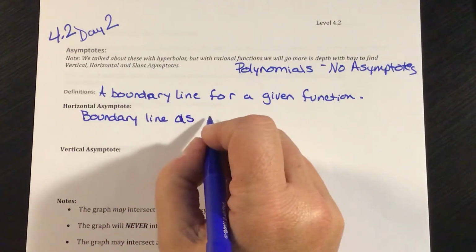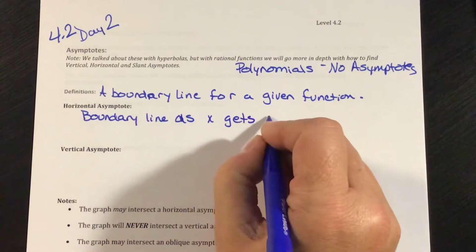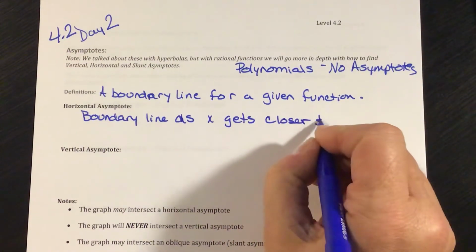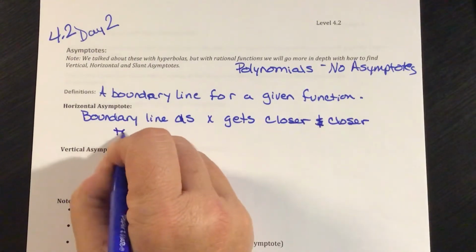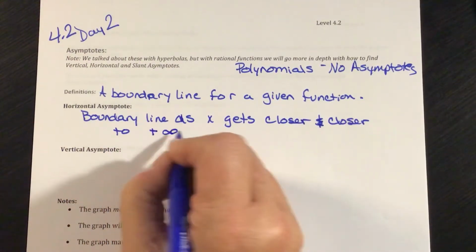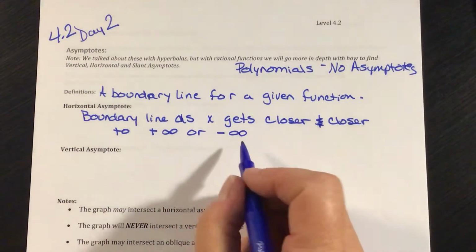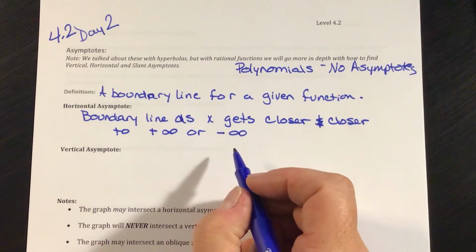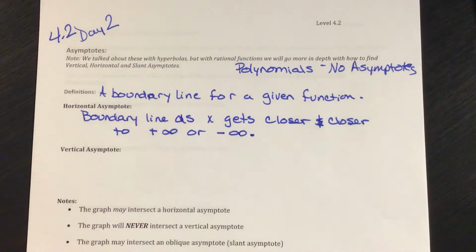So it's a boundary line as x gets closer and closer to either positive infinity or negative infinity. So the farther you go out on your x-axis, what is the graph doing? What is it approaching but won't cross?